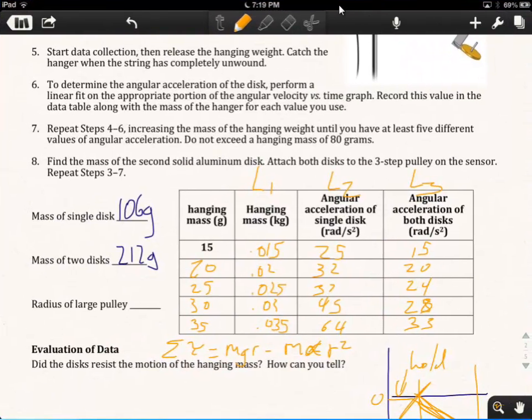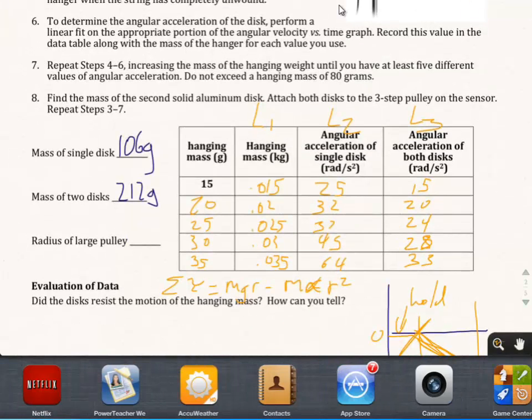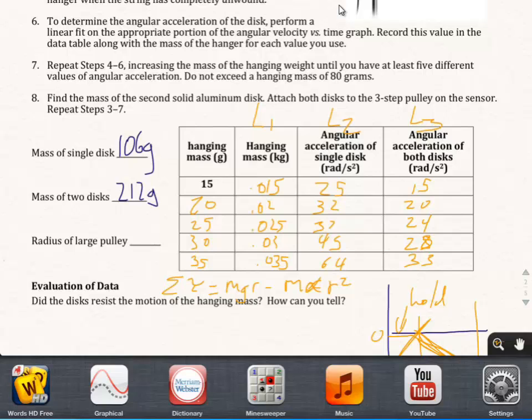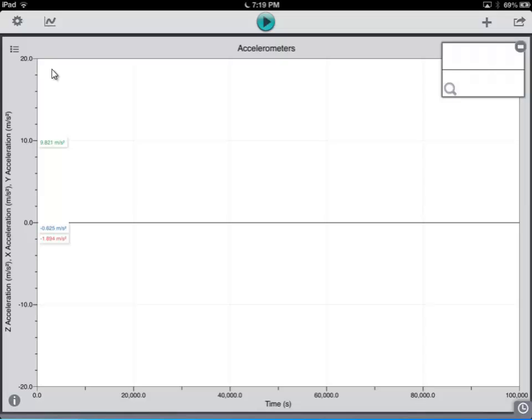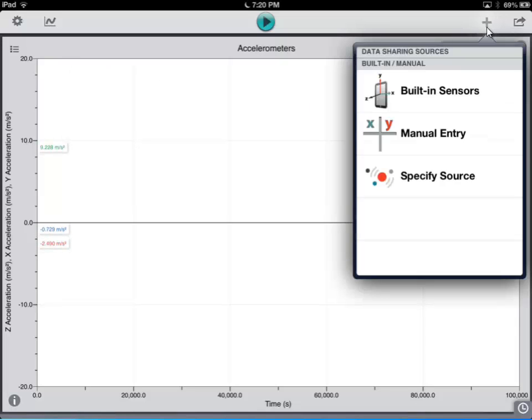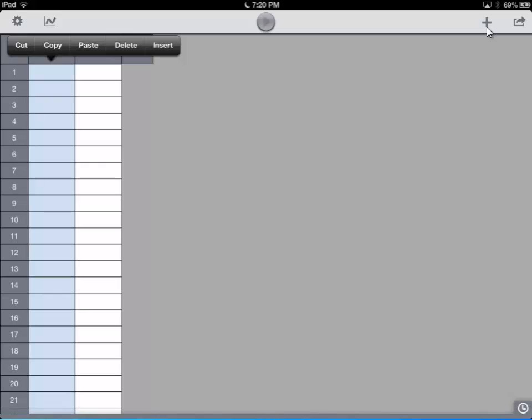So let me open Graphical Analysis, because that's where you're actually going to do this calculation. In Graphical Analysis, there's a way to manually enter data. Up here on the right, I'm going to push plus manual entry, and then I need columns in X and columns in Y. X is going to be angular acceleration.